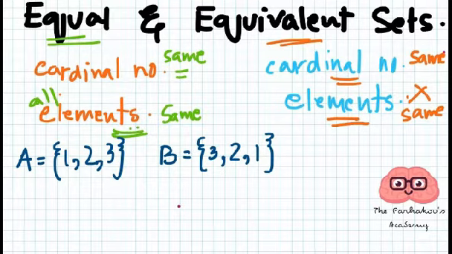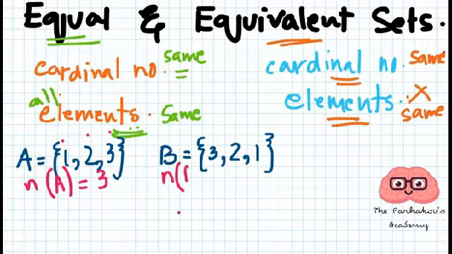Cardinality is the number of elements. So the cardinality of set A here is 3 because there are 3 elements in set A, whereas the cardinality of B, denoted by n of B, is also 3 because there are 3 elements. So here the cardinality is the same, right?